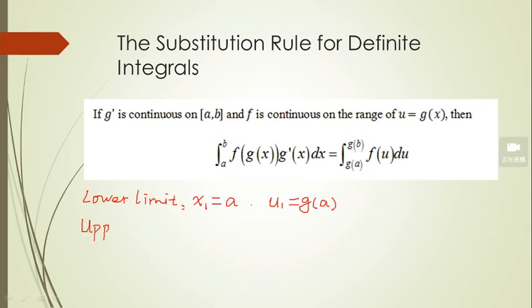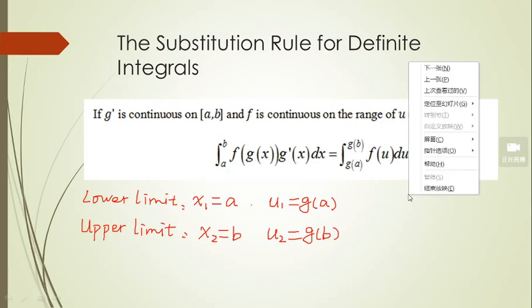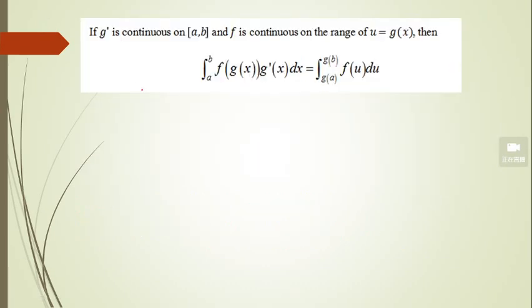Then for the upper limit x2 equals b, the upper limit for u becomes the function g evaluated at b. So for the variable u, the lower and upper limits become g(a) and g(b), okay? So if g prime is continuous, it's the same statement.